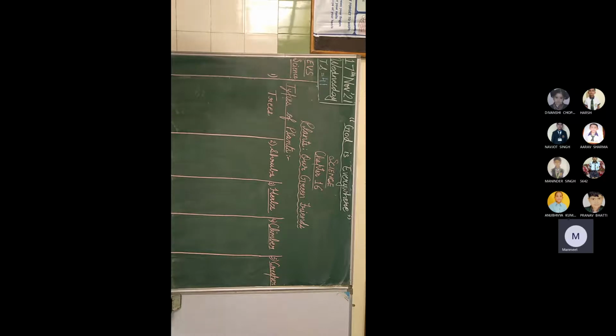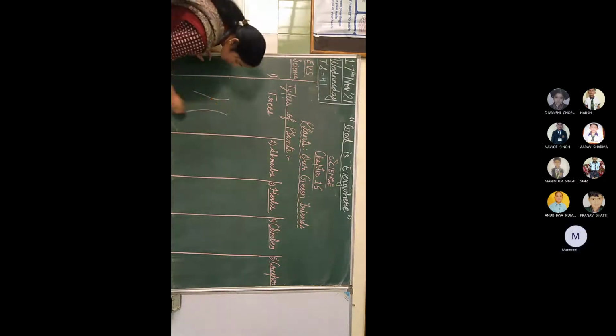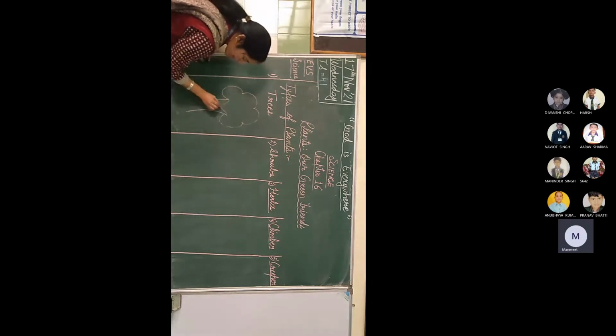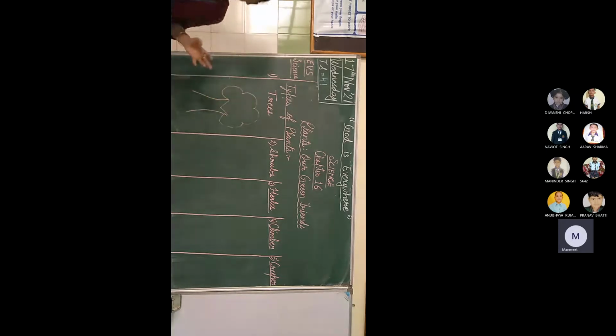You know stem? This one, this is your woody stem. Woody stem is the stem which has the maximum amount of wood in it, and with that wood you can make furniture for the school or your office or your house, anything.